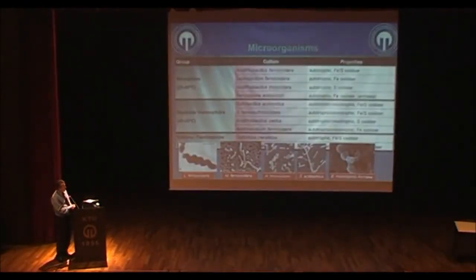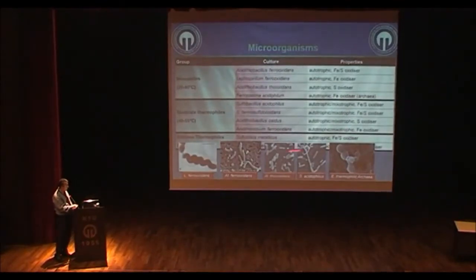Some can only oxidize just sulfur or iron. Moderate thermophiles operate from over 40 degrees Celsius up to 55 degrees Celsius, and extreme thermophiles are active at temperatures above 60 degrees Celsius.